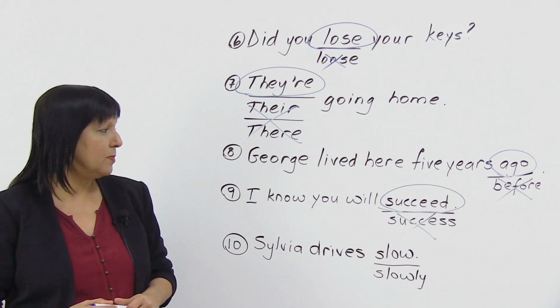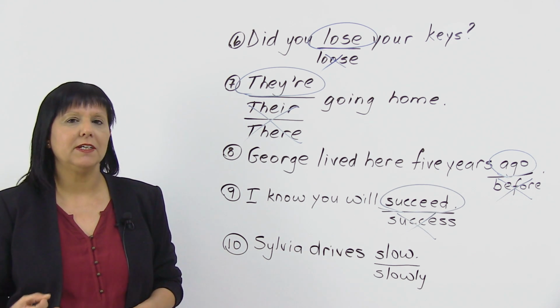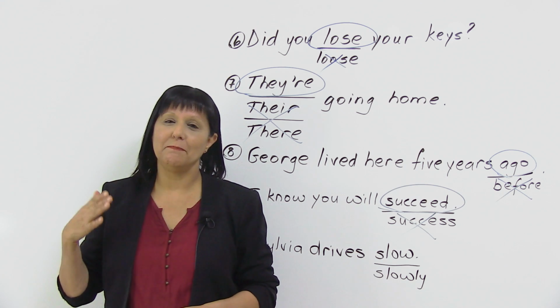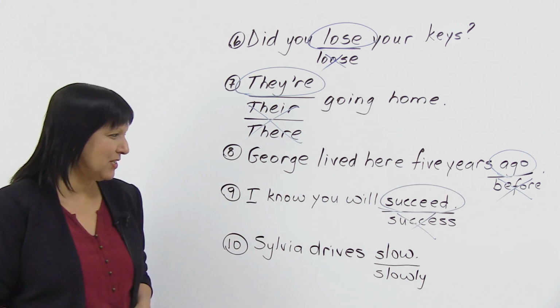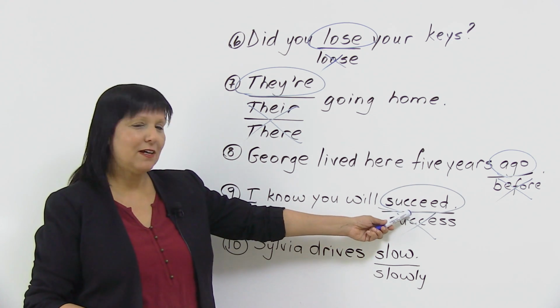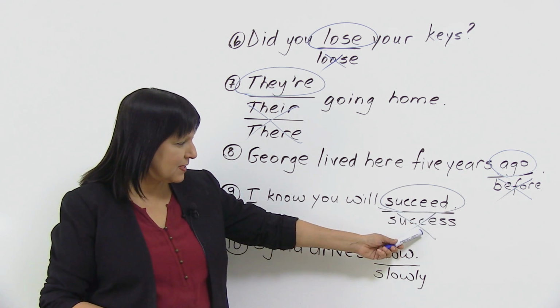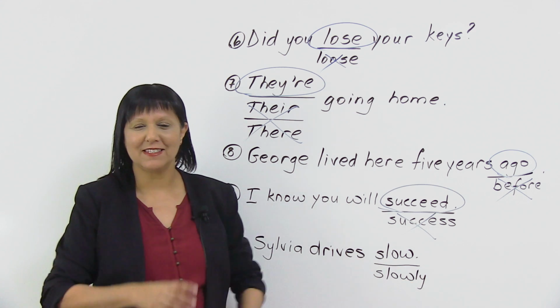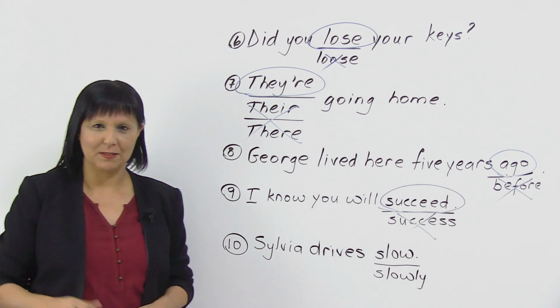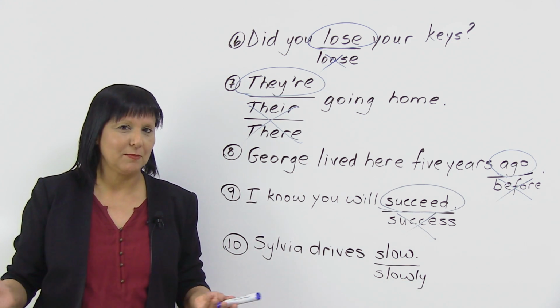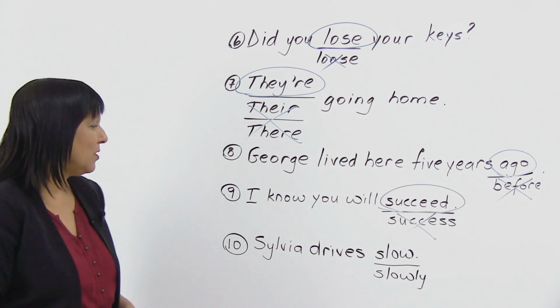All right. Also be very careful of the spelling of this word. This is one of the most commonly misspelled words in the English language. Okay. S-U-C-C-E-E-D, S-U-C-C-E-S-S. Okay. Make sure that you really know how to spell that word if you're going to use it on an exam or a test, because many people get that wrong.